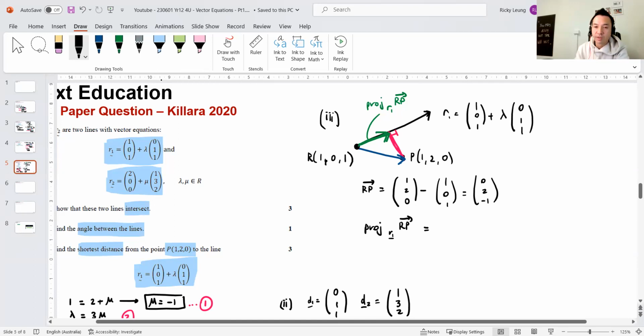It equals... I need the dot product. What am I dot producting? I'm dot producting this guy and the direction vector. Let me just check that. Perfect. So dot product of 0 times 0 plus 1 times 2, so I'm just multiplying these guys and these guys, plus 1 times -1.